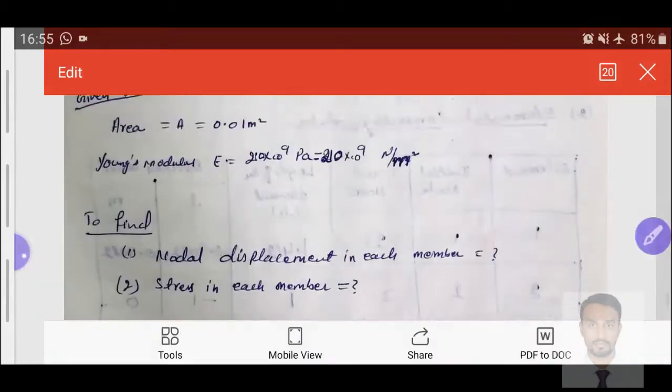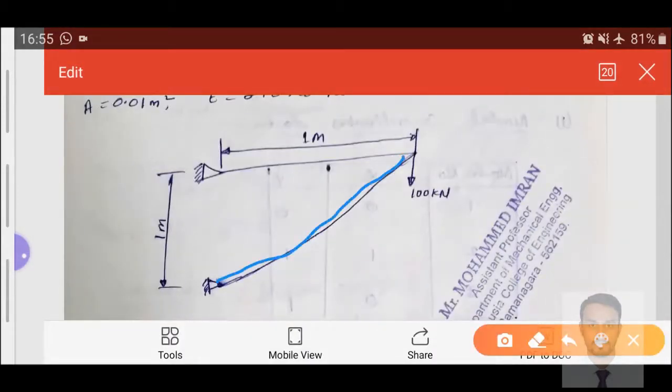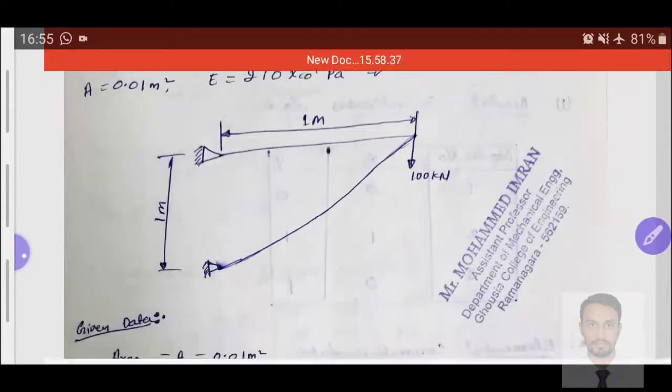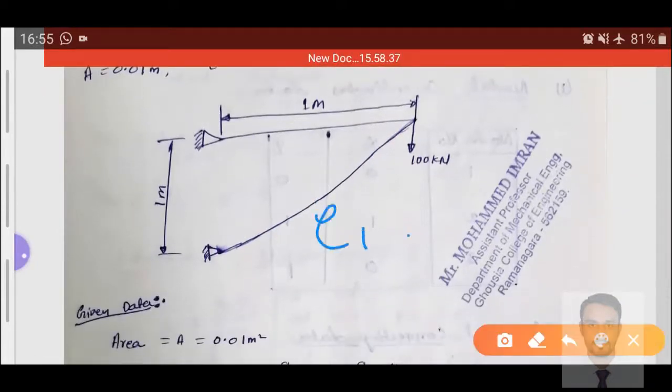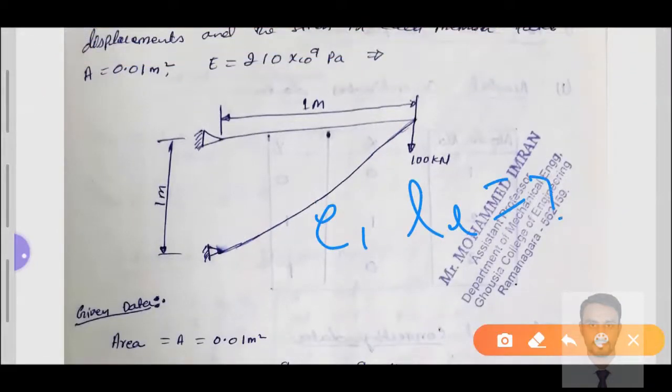How do we find it? See, this element is inclined. The elemental length is not parallel to the given dimension. That means it is not 1 meter. But for element number 1, the length L_E we need to find out.